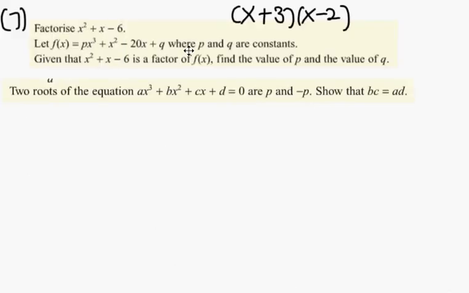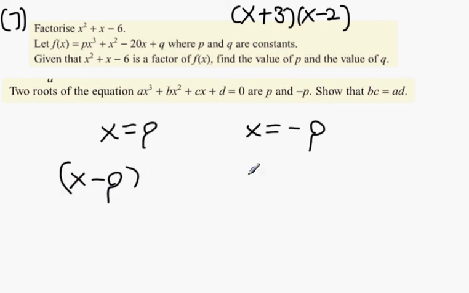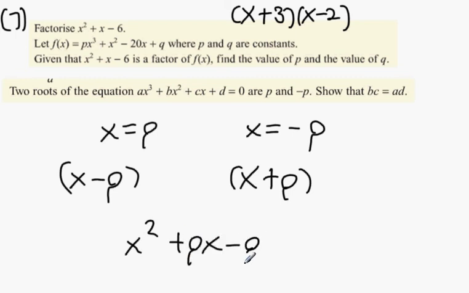This is like the reverse of the last question, okay? If we know the roots, we then know the factors. And if we know two factors, we can multiply these two factors by each other. And when we multiply them by each other, we're going to get x squared plus px minus p squared.